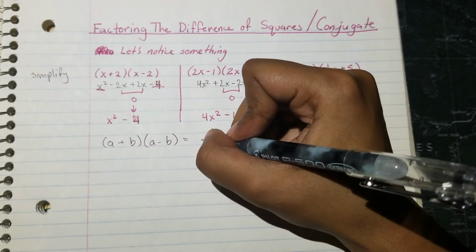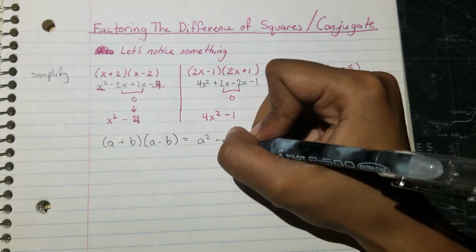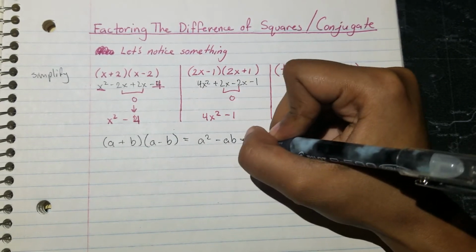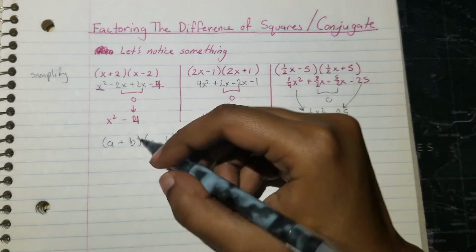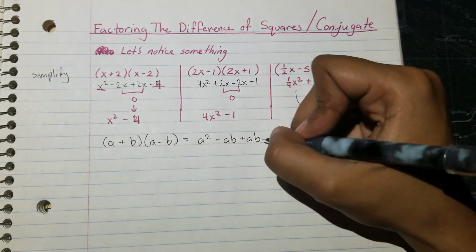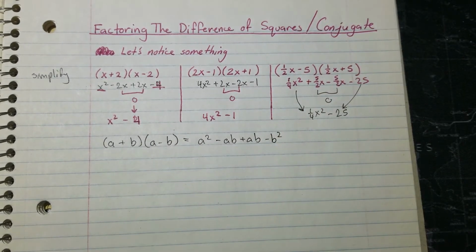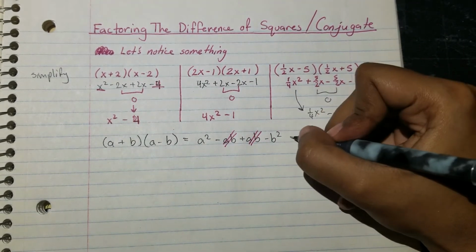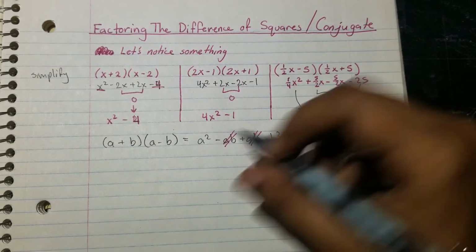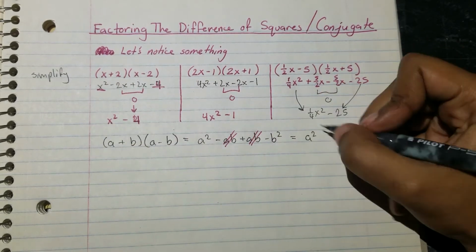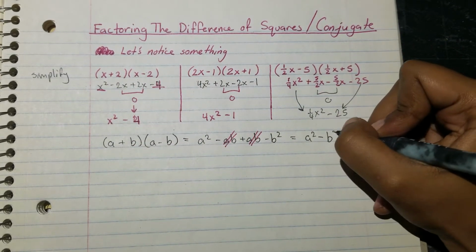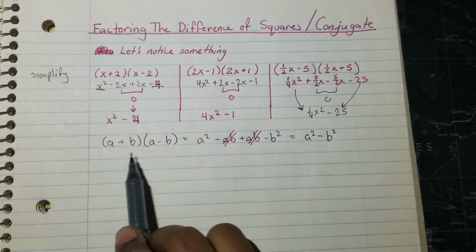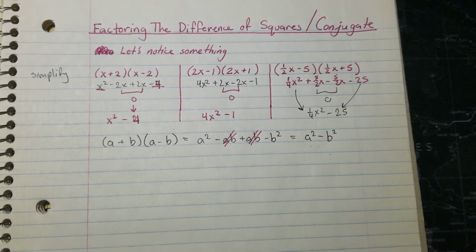Well, a times a is a squared, minus a times b, plus a times b, and then positive b times negative b is negative b squared. We know these cancel out. So a plus b times a minus b is just a squared minus b squared. We can just jump straight to here.